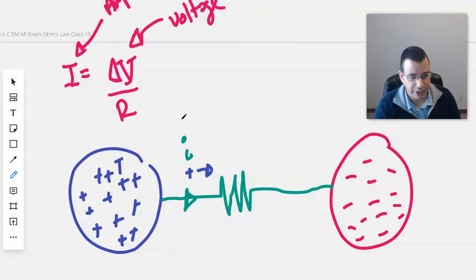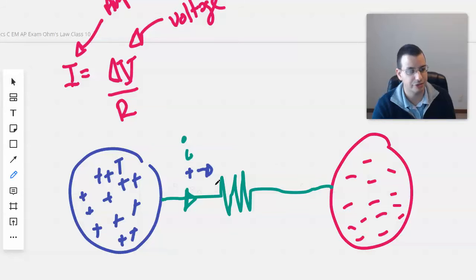And so what Ohm's law says is that the amount of current flow will equal the voltage difference, so the voltage between this conductor of charges, this reservoir, if you will, and this other clump of negative charges.